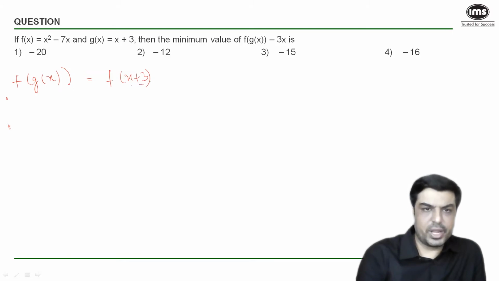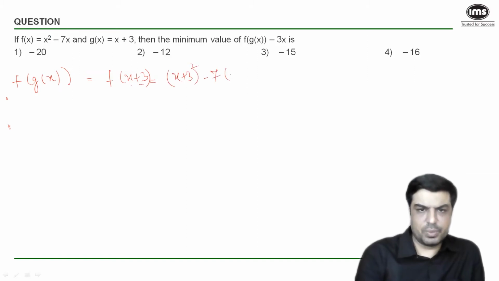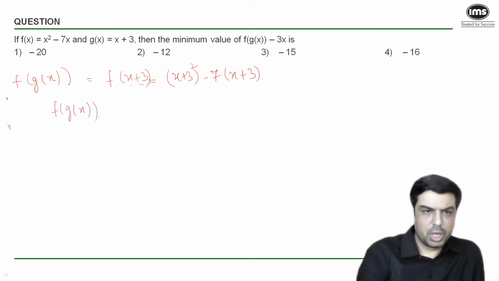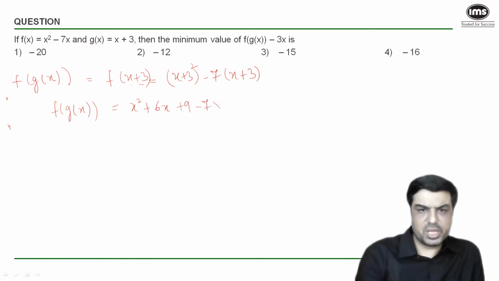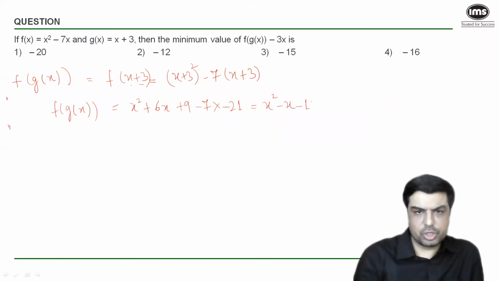So instead of writing x square, I will write x plus 3 whole square. Similarly, minus 7 times x plus 3. So we get the composite function f of g of x. How much is that? x plus 3 whole square is x square plus 6x plus 9, minus 7x minus 21. That is x square minus x minus 12.